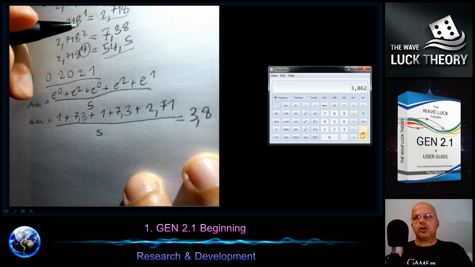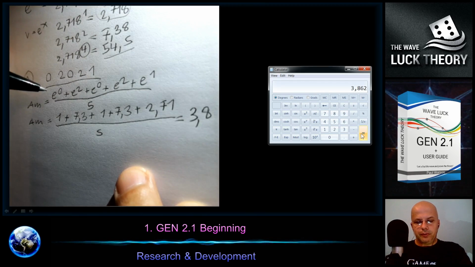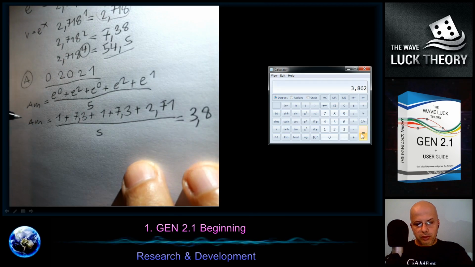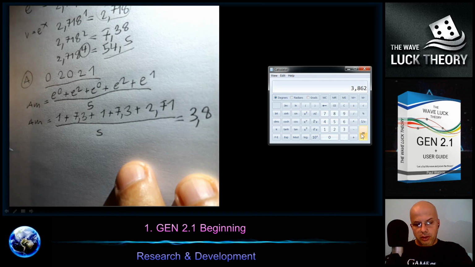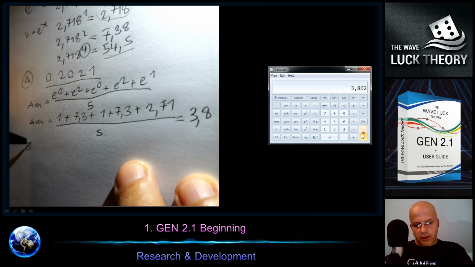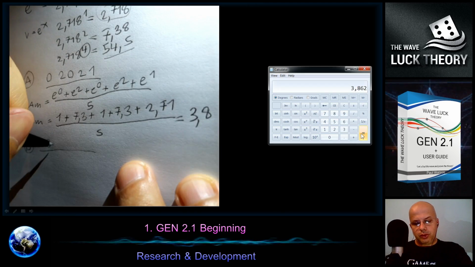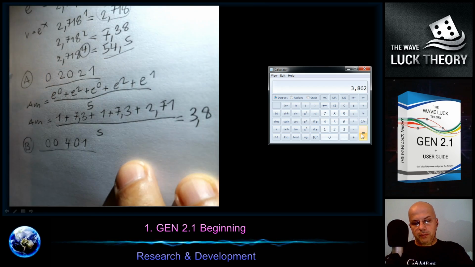It's very similar, like when we used the power of 2. And the second wave has the following sequence: 0, 0, 4, 0, 1.